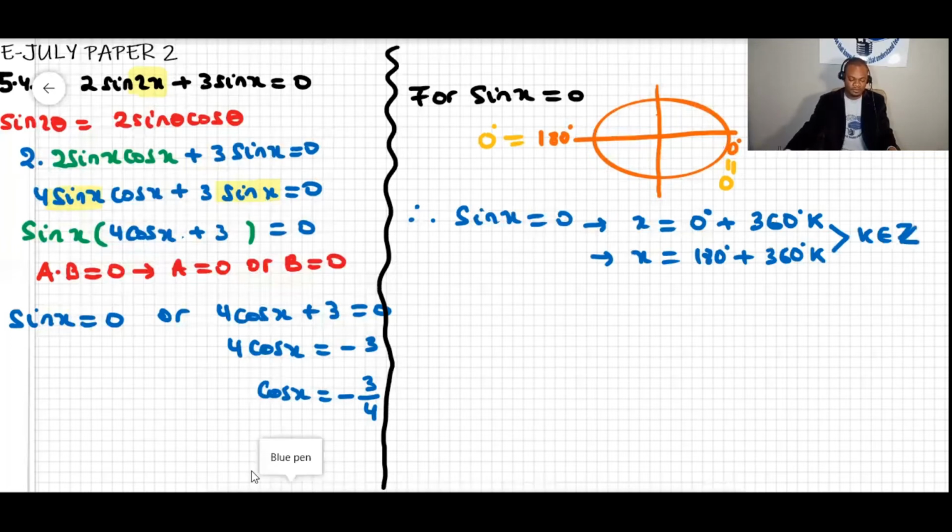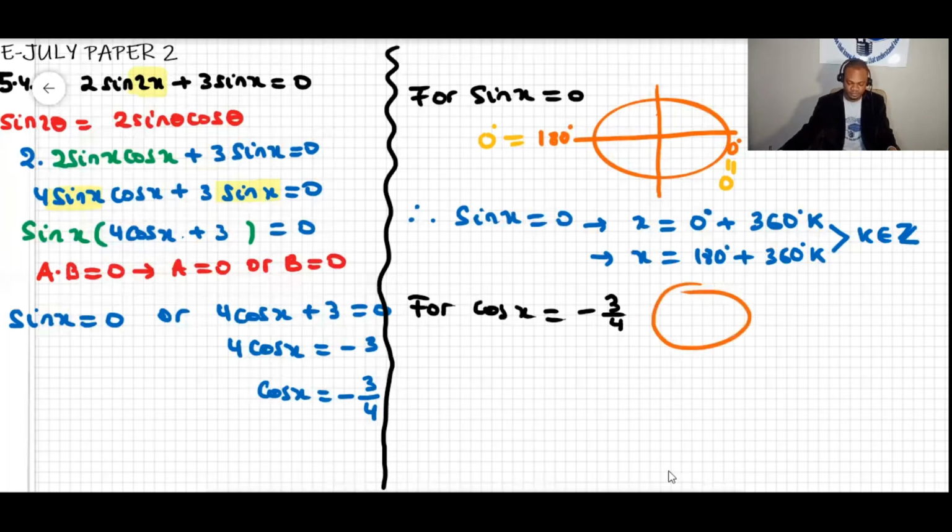Now for cos x being equal to negative 3 over 4. If I draw my trig circle over here for cos, we notice that cos is negative, lesser than 0, on the second and the third quadrant.